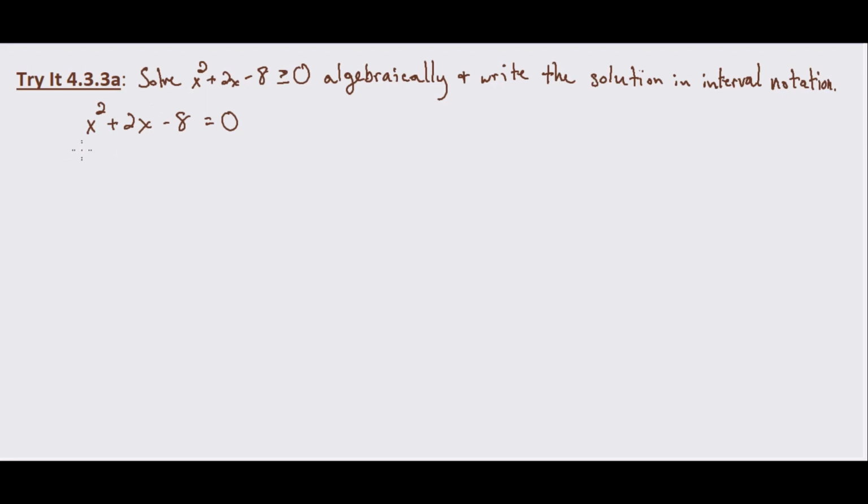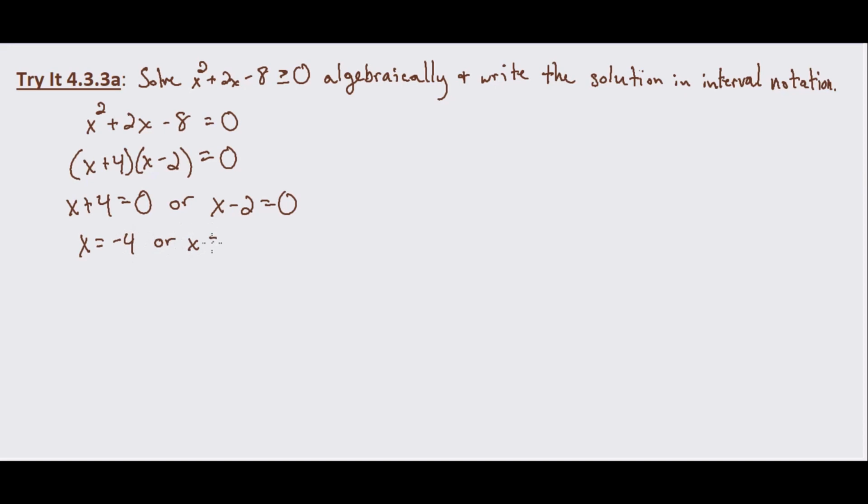This looks familiar. x plus 4 times x minus 2 equals 0. That means x plus 4 equals 0, or x minus 2 equals 0. x equals negative 4, or x equals 2.